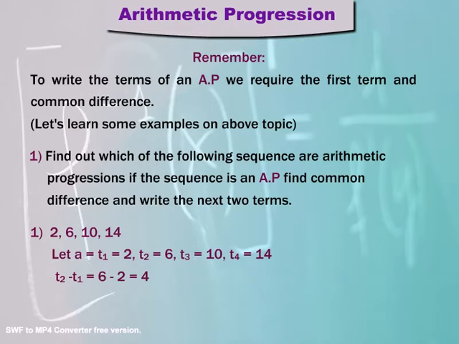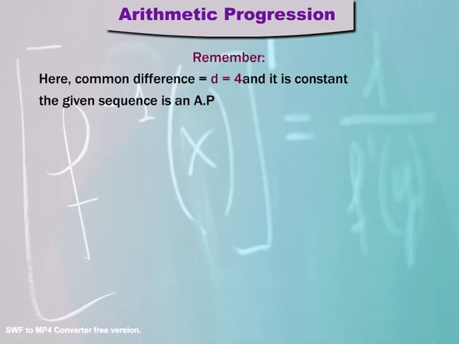T2 minus T1 equals 6 minus 2 equals 4. T3 minus T2 equals 10 minus 6 equals 4. And T4 minus T3 equals 14 minus 10 equals 4. Here the common difference d equals 4, and it is constant. Therefore, the given sequence is an AP.